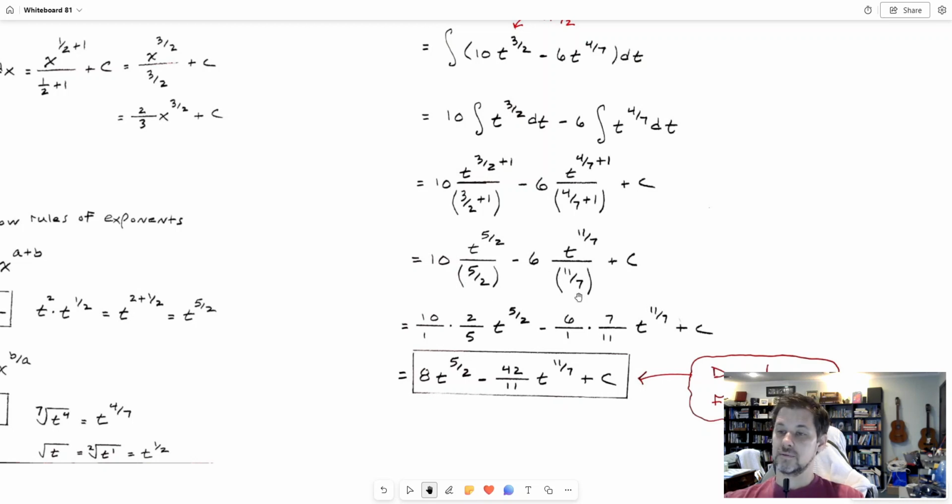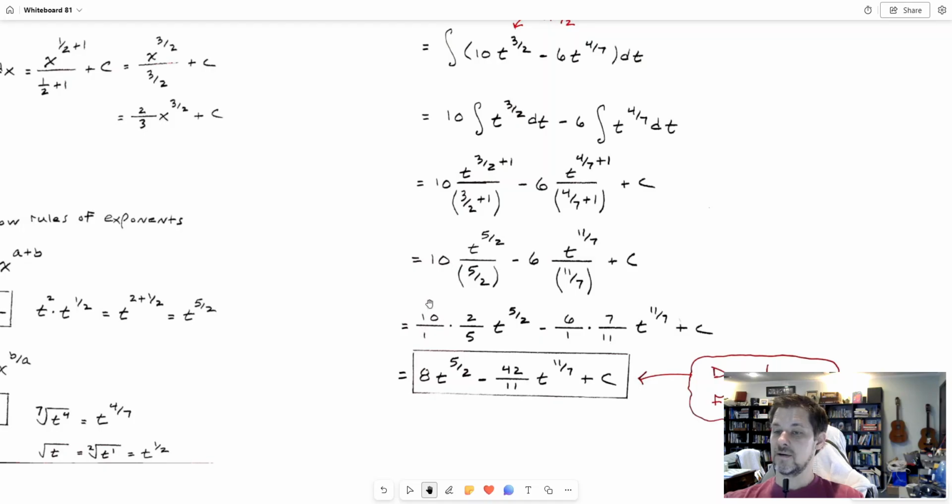So what does it mean when you divide by a fraction? Well, that'd be the very same thing as multiplying by the reciprocal. So what I'm really doing here is multiplying by 2/5, not dividing by 5 over 2. I'd rather see it as I'm multiplying by 2/5. And here, I don't want to see it as I'm dividing by 11 over 7. I want to see it as I'm multiplying by 7 over 11. So I've got the 10.